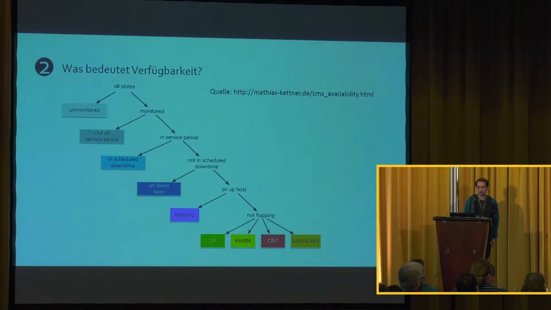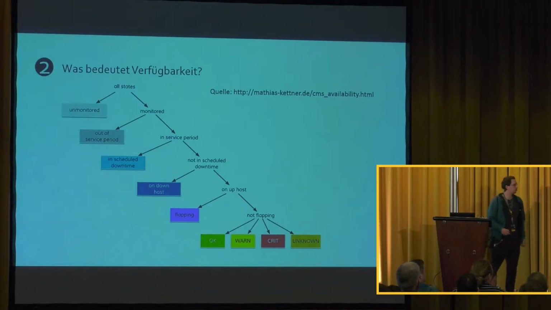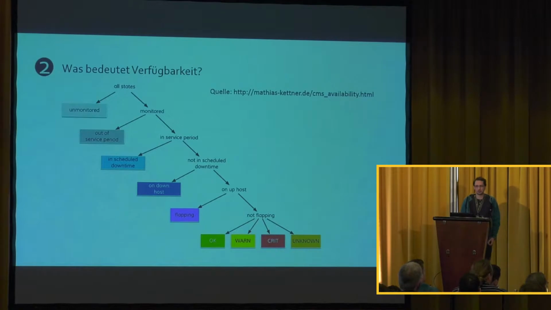So if, for example, a node in a BI aggregation at a certain point in time wasn't monitored during monitoring, then what we see up here, this is the case that this node is considered unmonitored.